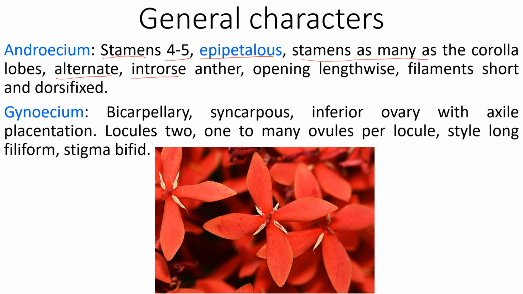The anther opens lengthwise and filaments are short and the condition is dorsifixed. Then the gynoecium. The member of gynoecium is carpel or ovary, which is bicarpellary, syncarpous, inferior. Ovary is with axile placentation. Locules, meaning number of chambers, are 2, with 1 to many ovules per locule. Style is long, filiform, and stigma is bifid.